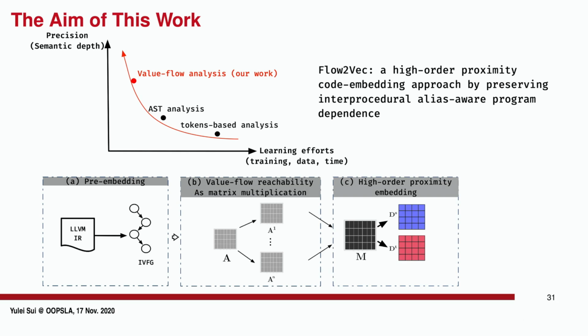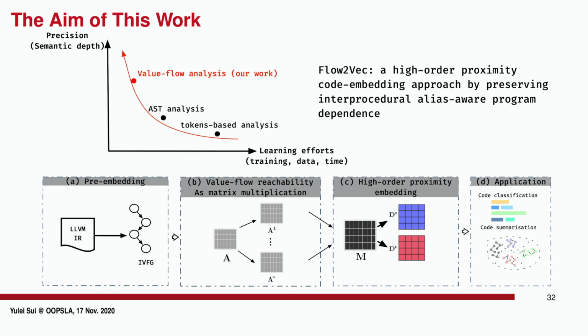The resulting matrices are used to approximate a high-order proximity matrix M, which is then decomposed into source and target embedding vectors for each node on the IVFG, in order to preserve asymmetric transitivity of interprocedural value flows. Thus, we can provide better support for subsequent applications.